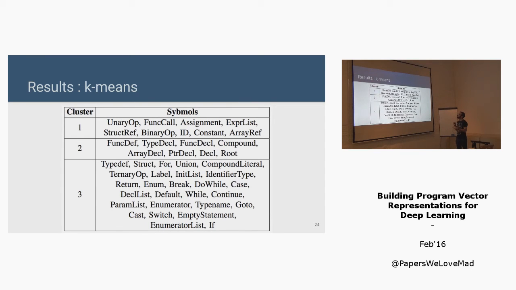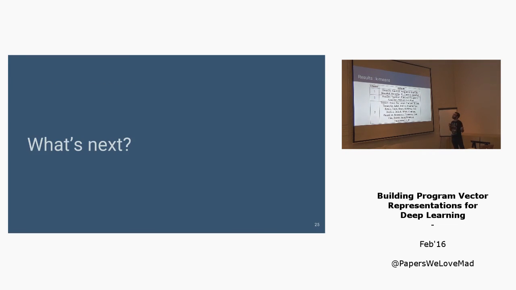All these things are tokens, but every if in the code is going to get the same vector representation. Every while in the code is going to get the same vector representation. That's something, but that's not good enough if you want to do code analysis as a whole, as in what is the style of this function, what is the structure, what is the complexity, whatever.